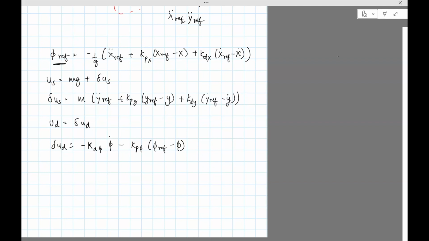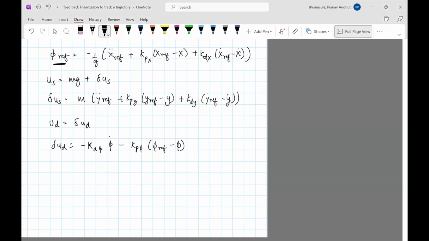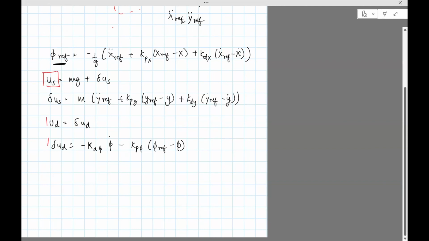The phi ref is defined here, and phi is the angle of the base of the bicopter. So we need to program two things: us and ud, where us is mg plus delta us, which comes from here. This in turn is a function of x ref, y ref, and its derivatives.